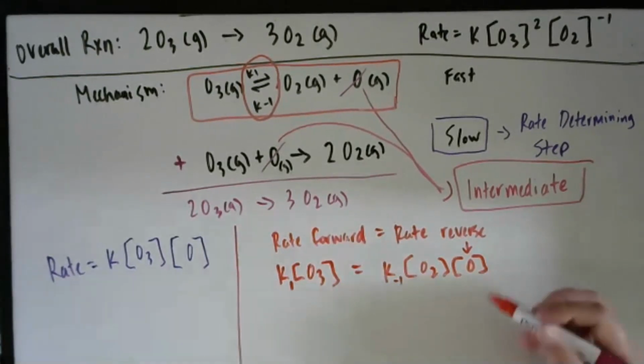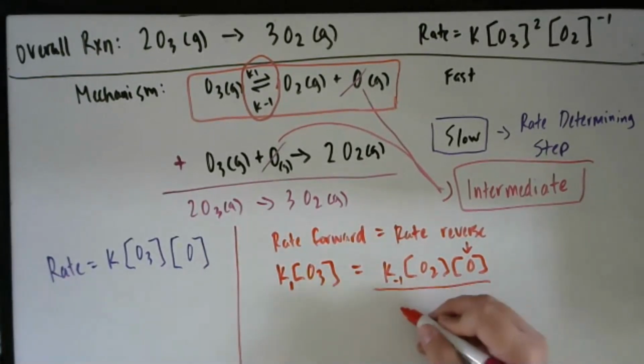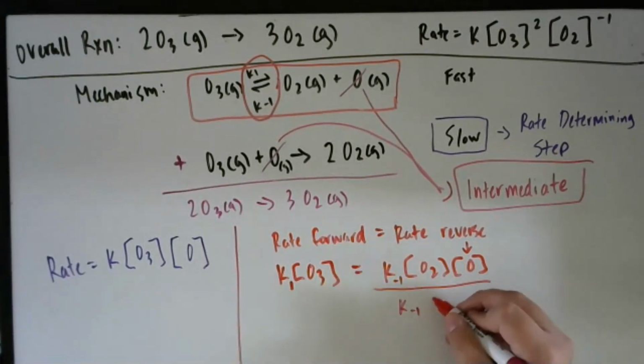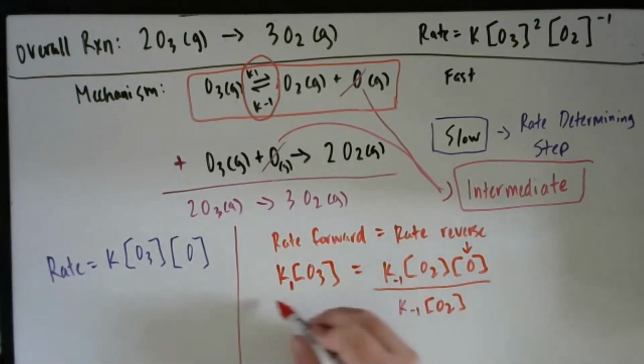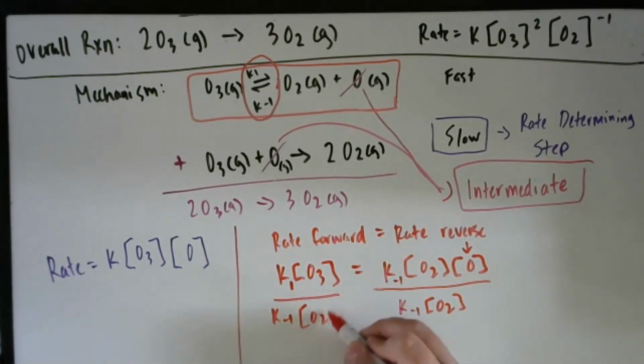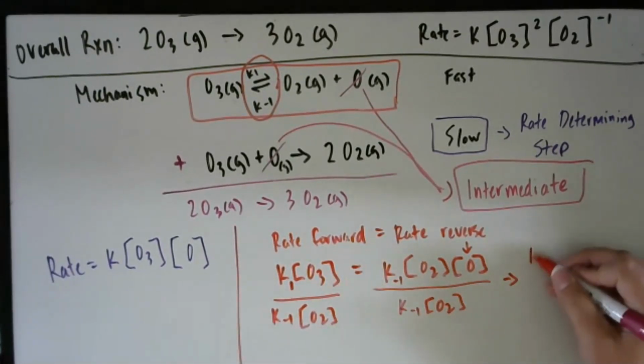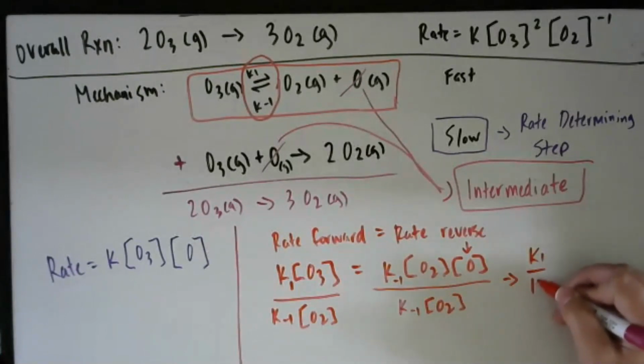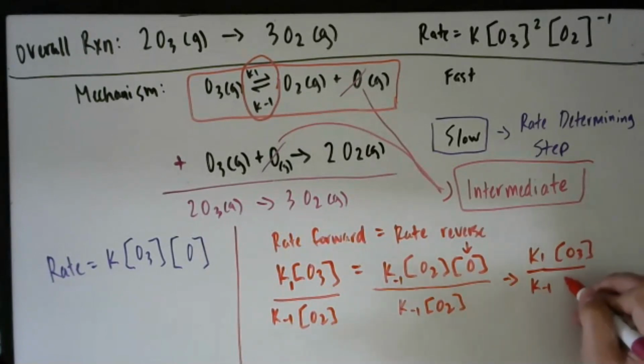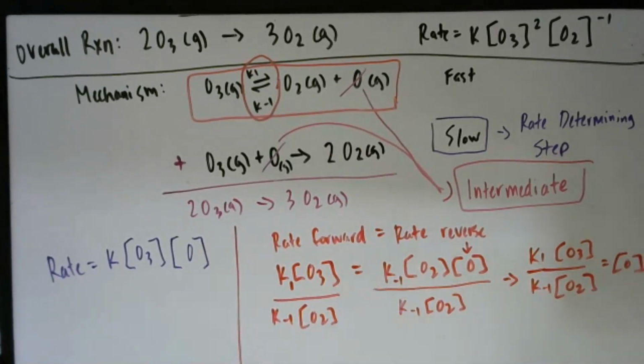So I'm going to divide both sides by K -1 times O2. And this gives me K1 over K -1, O3 over O2, and that's going to equal a singular oxygen.